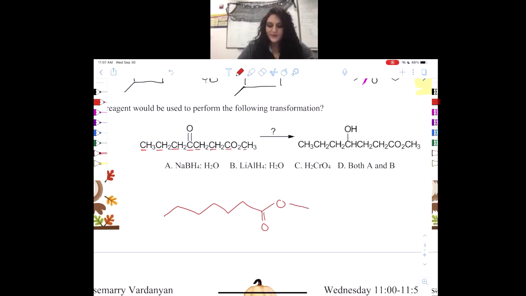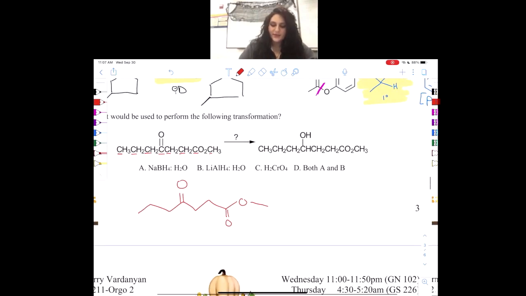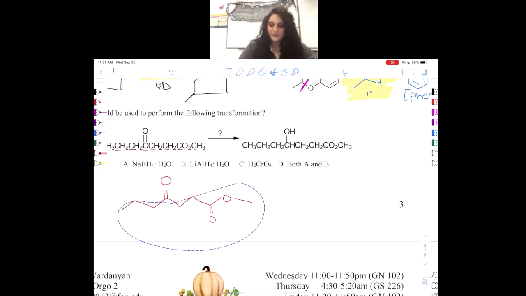So let's just double check. 1, 2, 3, 4, 5, 6, 7, 8. Perfect. And we know that 1, 2, 3 carbons down, we have another carbonyl. So 1, 2, 3. Perfect. And we're going to keep this same general skeleton for the final product.